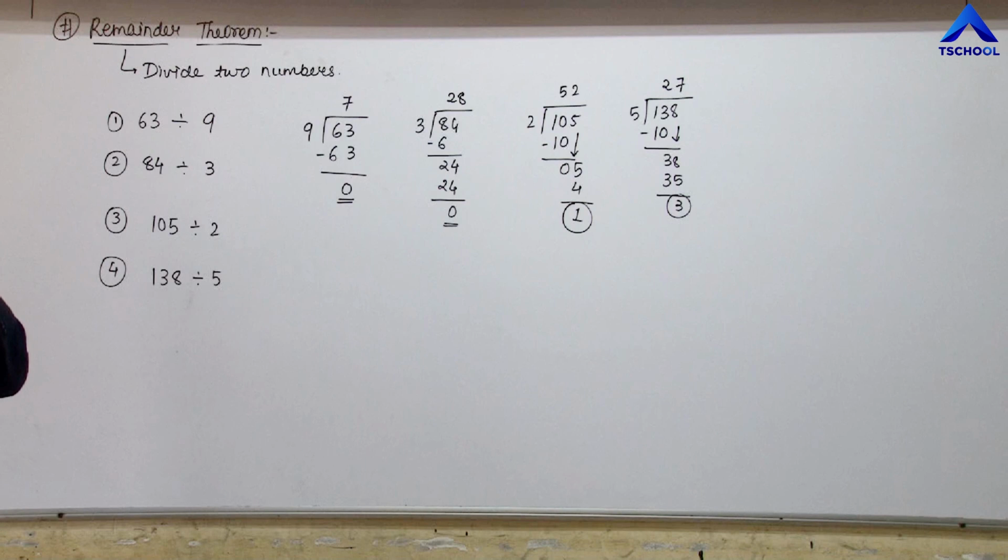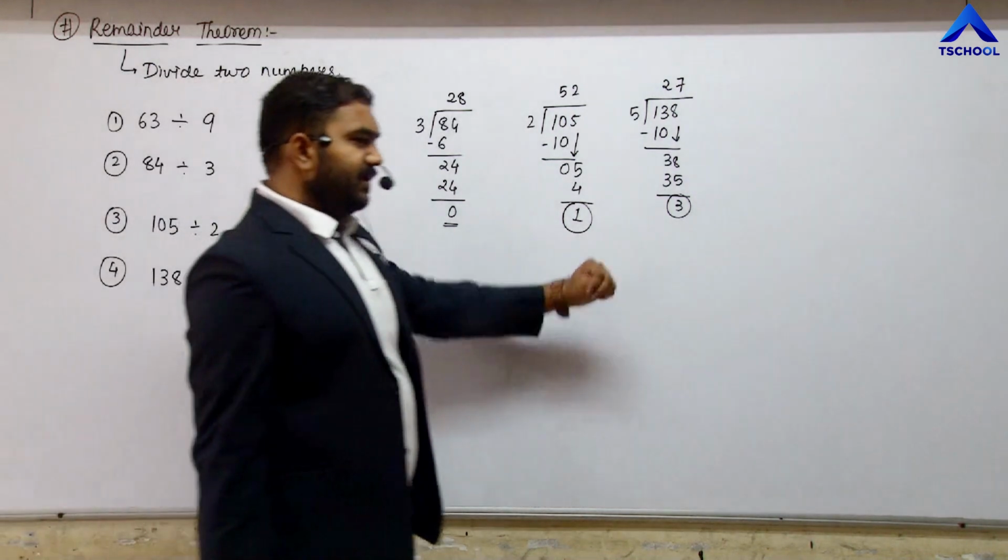That means we are getting remainders which are non-zero numbers, that means they are not 0. So for the third one the remainder is 1, and for the fourth one the remainder is 3.